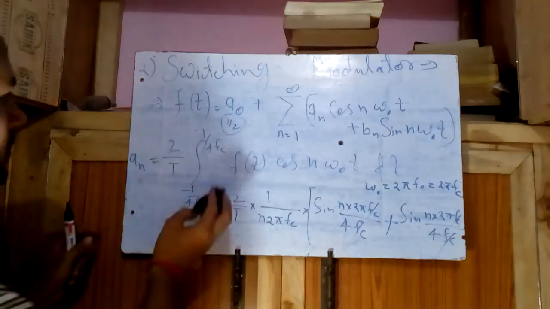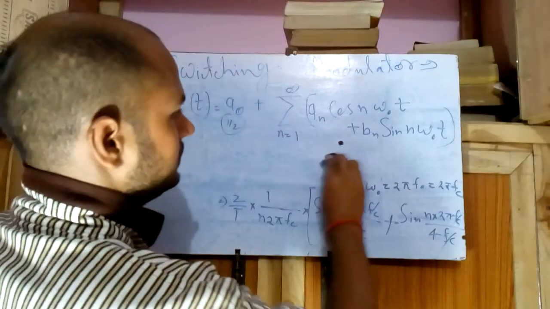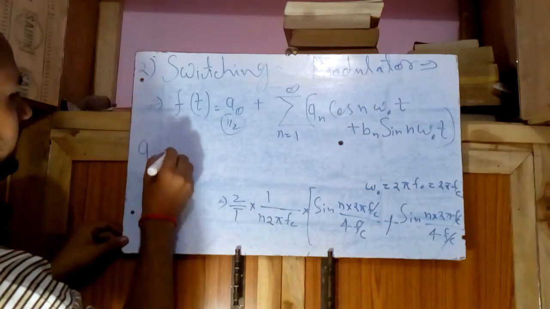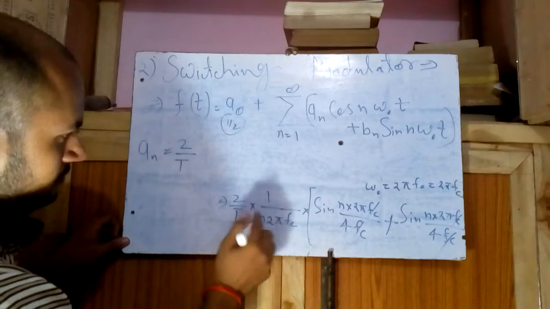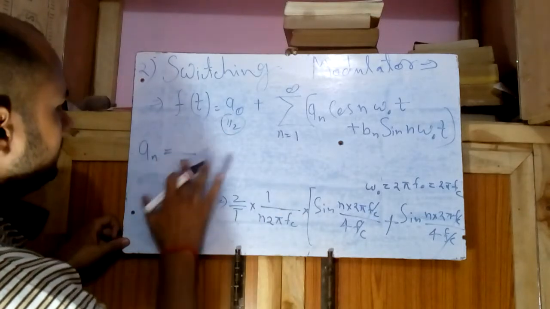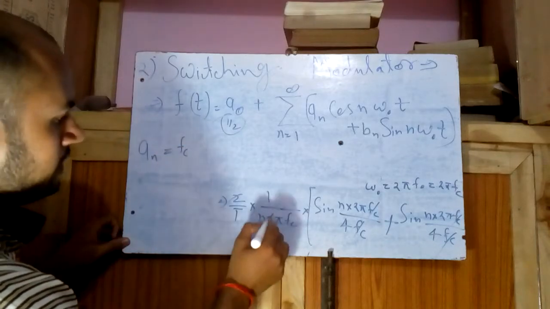So I am moving here, that is an is equal to 2 by T, 2 cancels, right? And 1 by T is Fc, and 2 cancels.